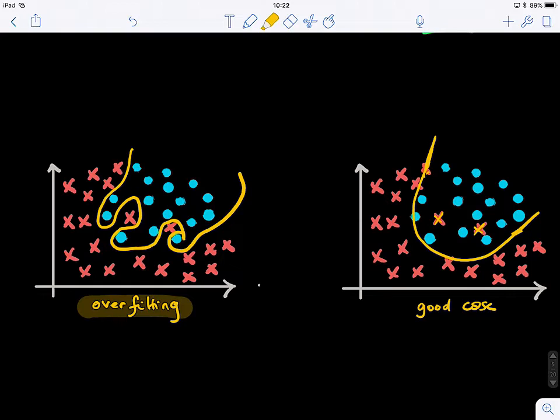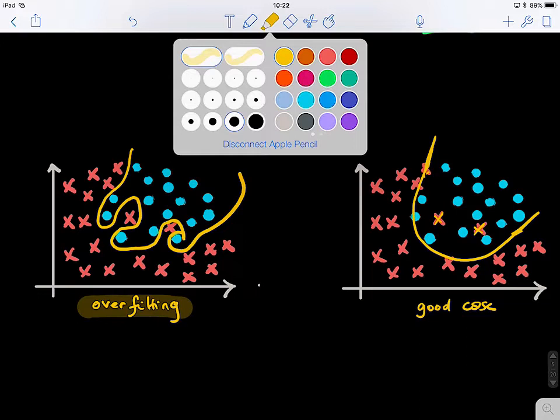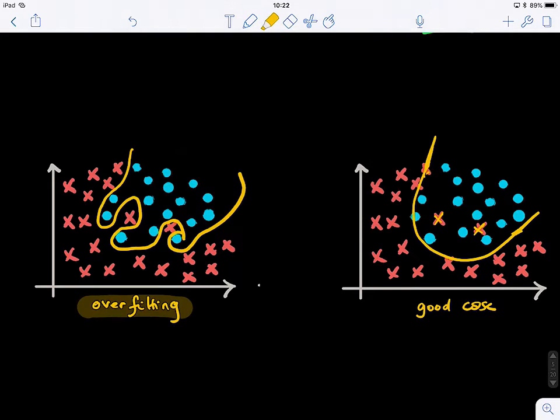Because we want to exactly follow the boundary between these two sets, so we are not allowed to make any mistakes. It is good that we're not making mistakes, but there is a big problem. The first problem is generalizability. When we add new samples, because the boundary is very constricted to the training data, it's not flexible. Also, we notice that in this case the boundary is quite complex, it has a complex shape.